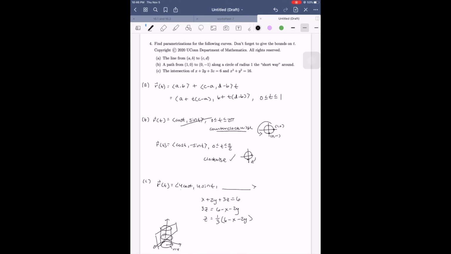We can take our 4 cosine of t and 4 sine of t and plug that in, which makes it 4 cosine t for x and 8 sine of t for y, which gives us our final answer: 4 cosine t, 4 sine of t, and then what we found for z. Our parameters are simply between 0 and 2 pi.